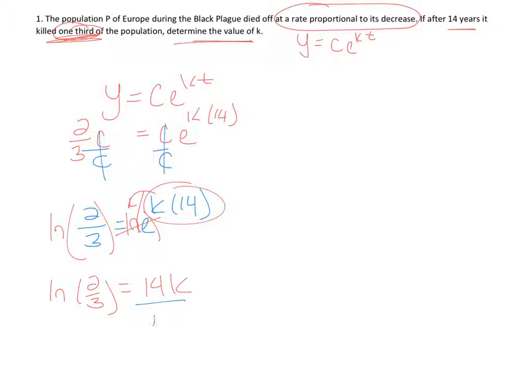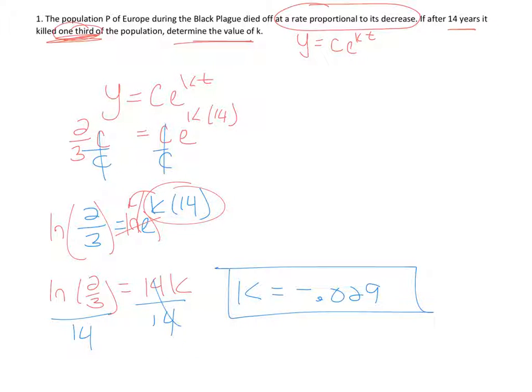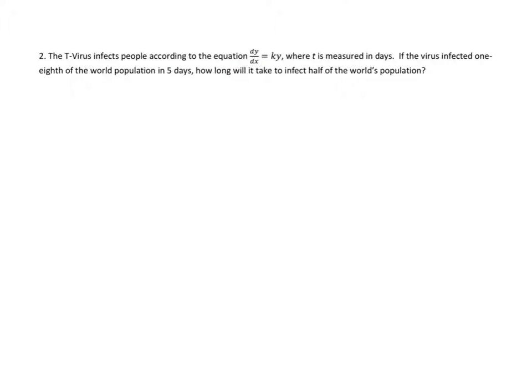I'm going to divide by 14. I'm going to get k as a value of negative 0.029, rounded to 3 decimal places, and this answer should make sense because it's decreasing and my rate is negative.